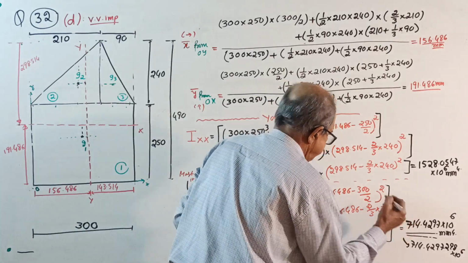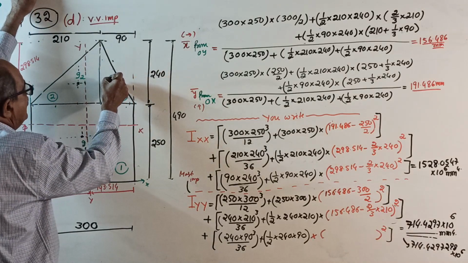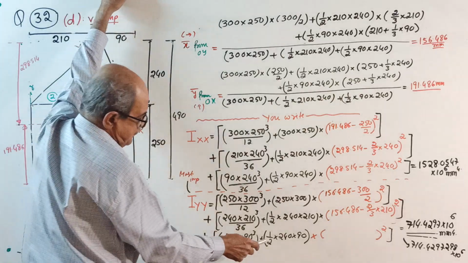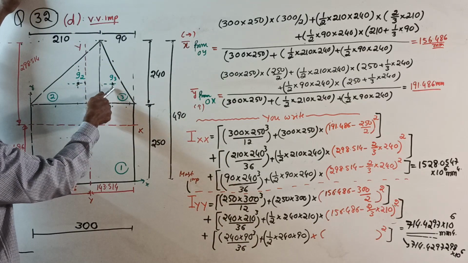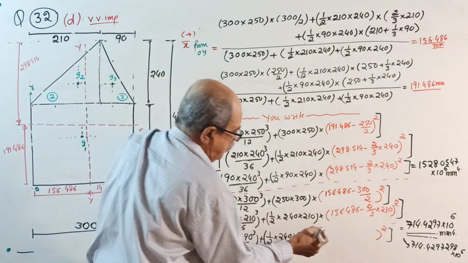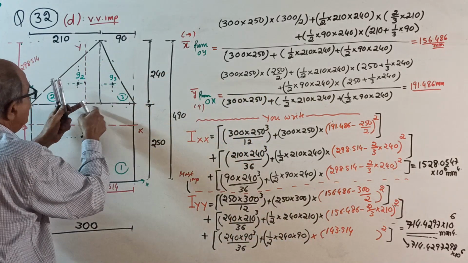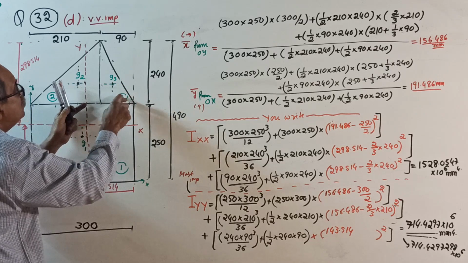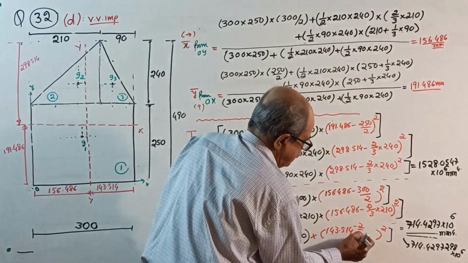Okay, that also over. Lastly, for this one, I about its own centroidal axis: 240 into 90 cube by 36, plus area into, from centroid to here, this distance square, that is 143.514, from here up to here, 143.514 minus this distance, which is 2/3 of 90, whole square.